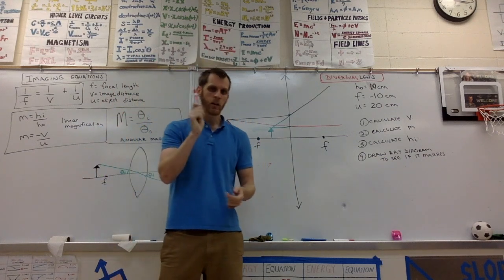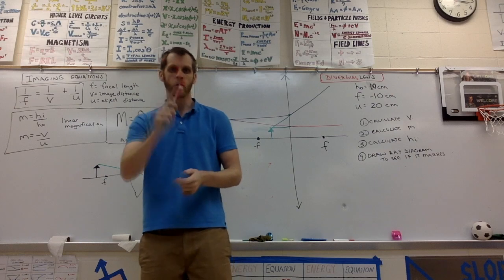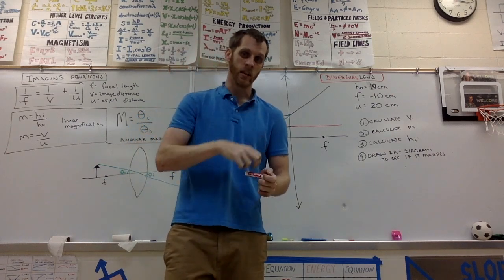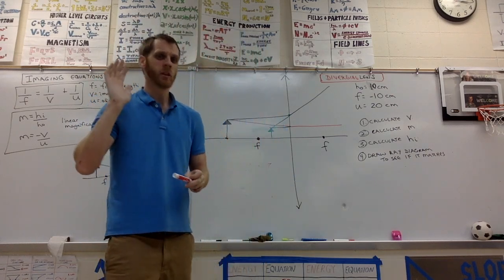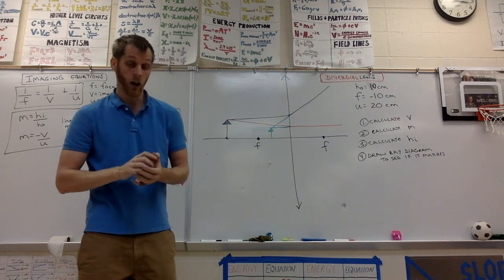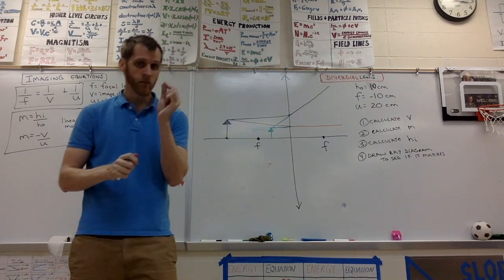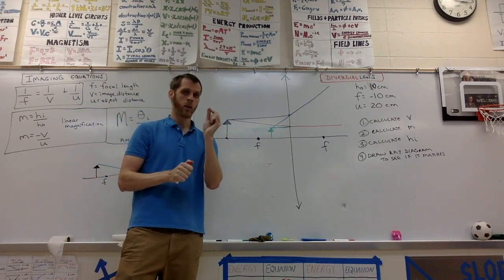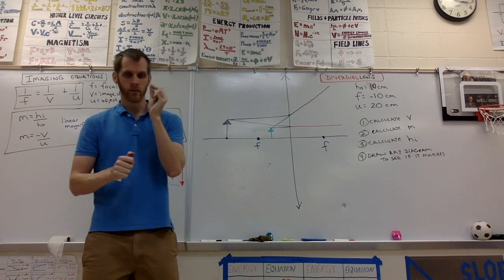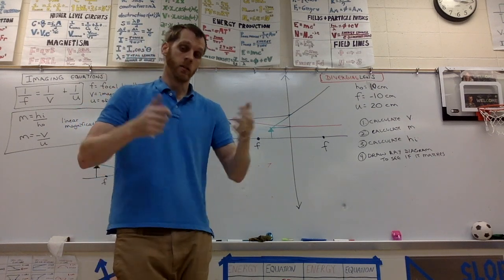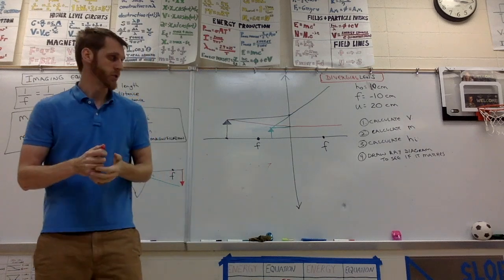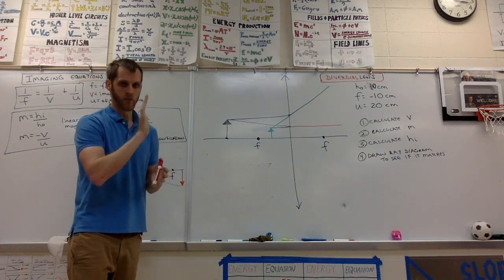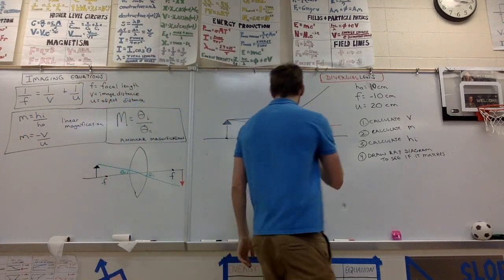If you create a virtual image, you have a negative focal point. And that happens for diverging lenses. And it also happens if you're really close to a converging lens. So negative focal points for diverging lenses or just any virtual image, which happens with divergent lenses or magnifying glasses.